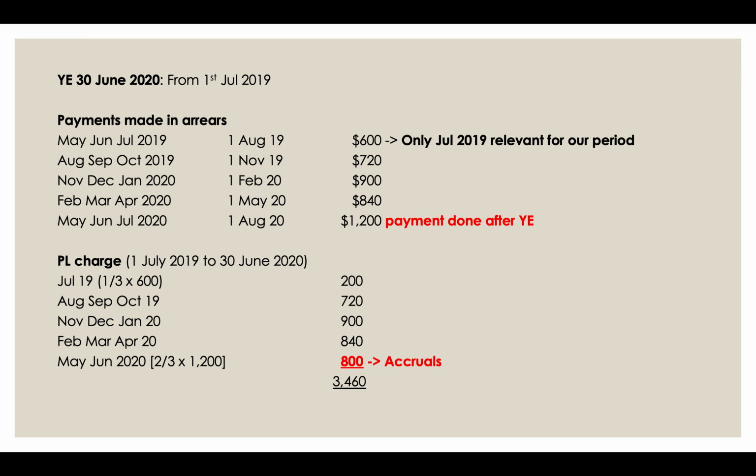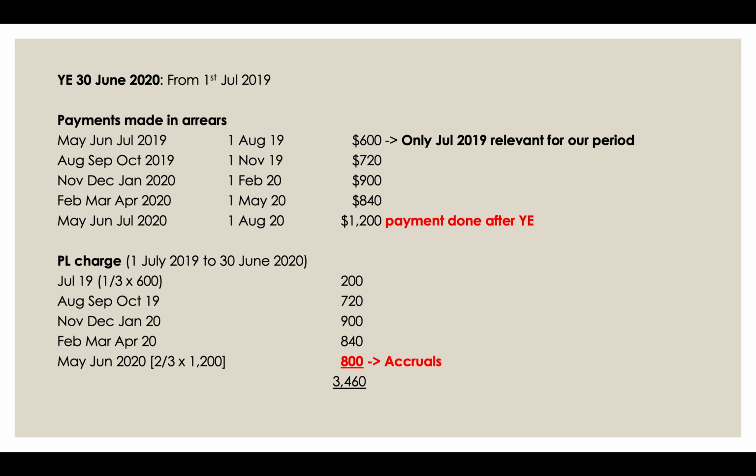It's good when you start a question that you list what the question has already given you and try to make a link between them. First thing is the year end is the 30th of June 2020, and the start date will be one day after the 30th of June, in this case the 1st of July 2019, because you have to go back 1 year.